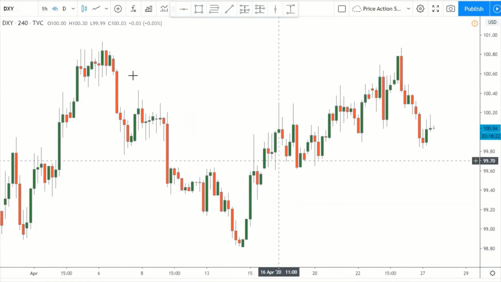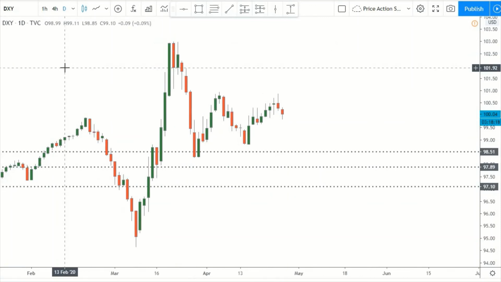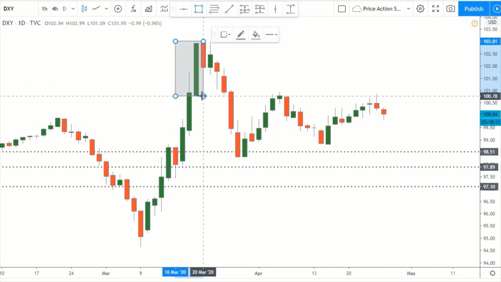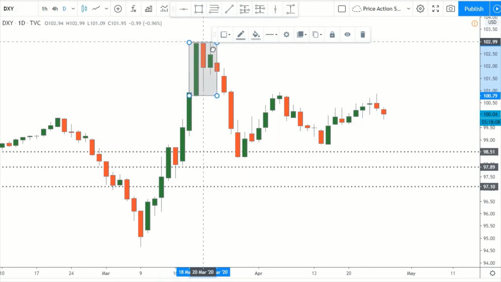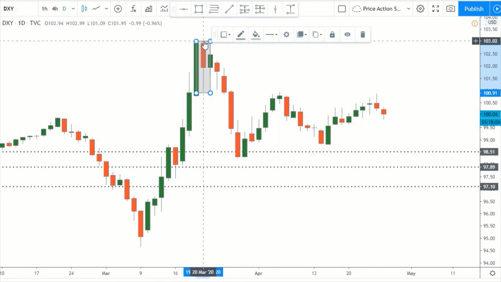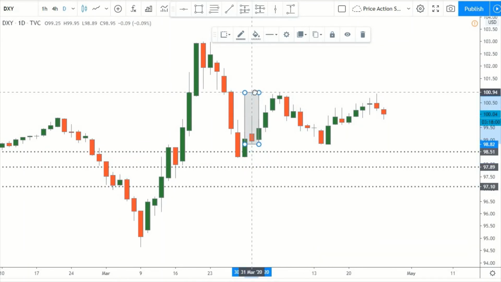So I'm on the daily chart. One of these candles takes a day to be formed. Every candle on this chart takes a day to be formed, no matter the size or the length of it.